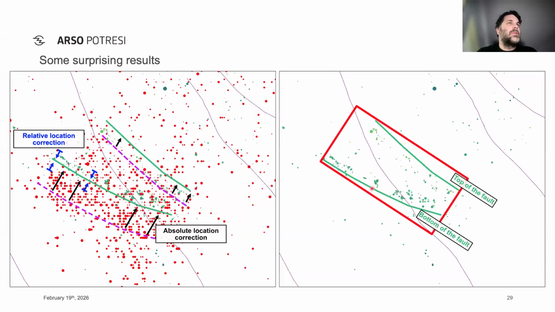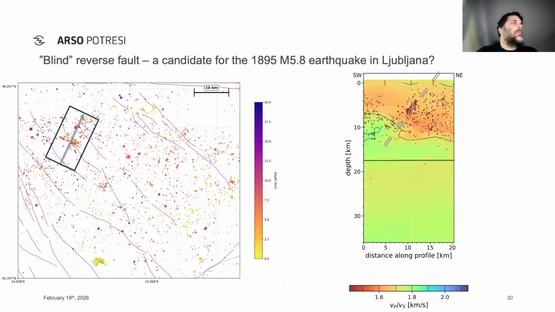And let's look a bit more in detail for this fault. So you can see on this map, the purple line represents the mapped active fault in this region, but you see that the geometry of these earthquakes tells a different story.